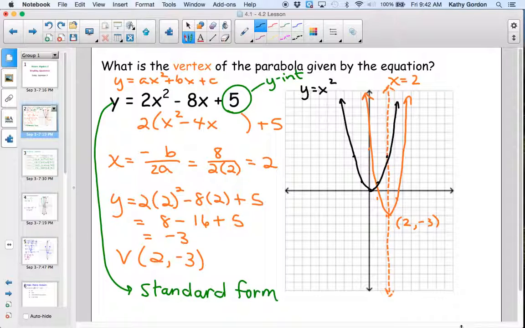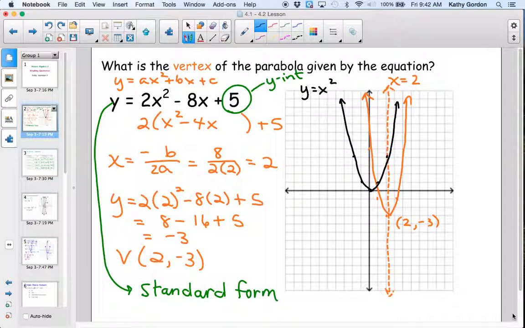Yeah, so our orange graph is narrower than the black graph. Okay? And that again is because of our a value. Having an a of 2 made things happen more quickly. Instead of going 1 to the right and up 1, now I go 1 to the right and I go up 2. So things are changing twice as fast on my orange graph as they did on my black graph.